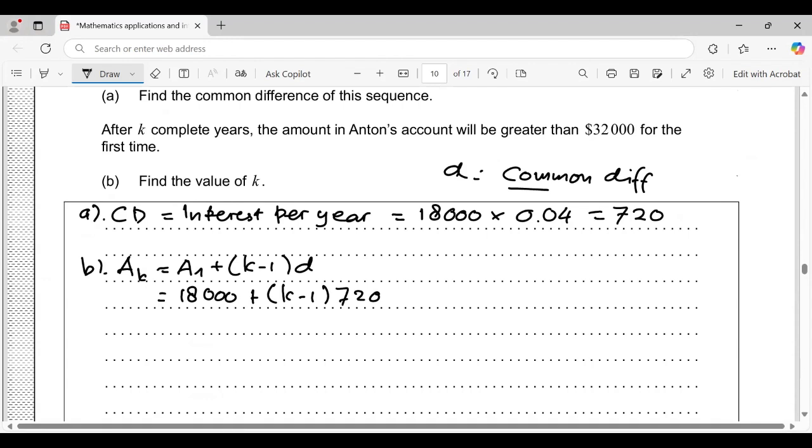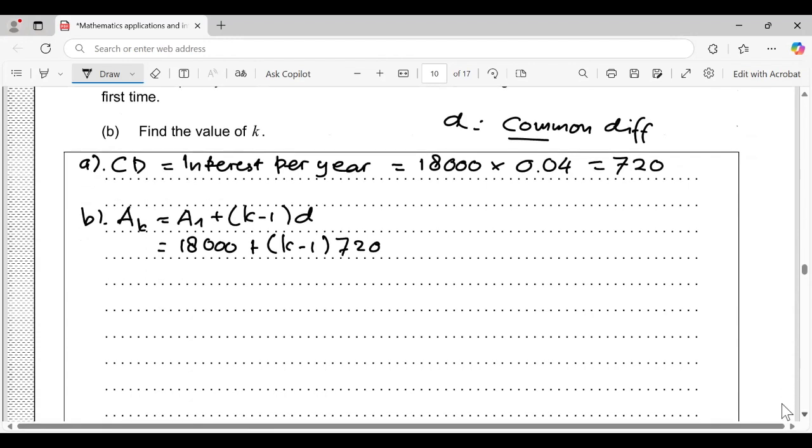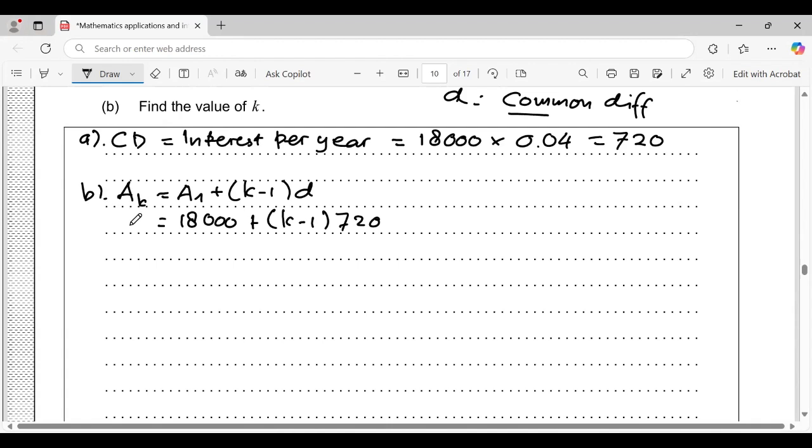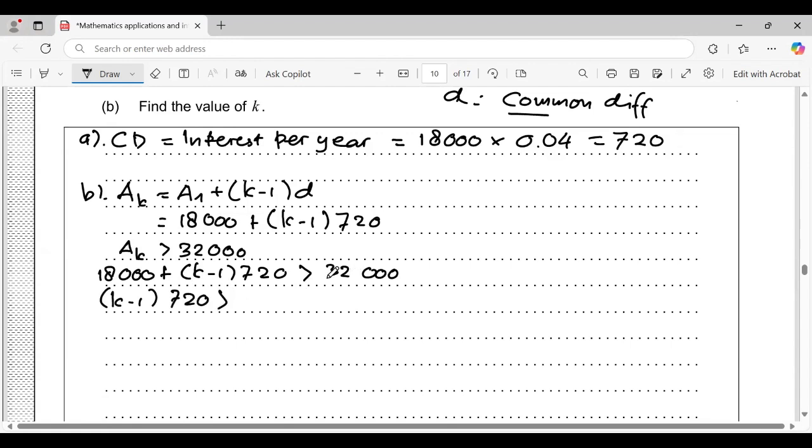We want to find the value of k when a_k is greater than 32,000. Substitute this expression: 18,000 plus k minus 1 times 720 greater than 32,000. So k minus 1 times 720 greater than 32,000 minus 18,000, which is 14,000.